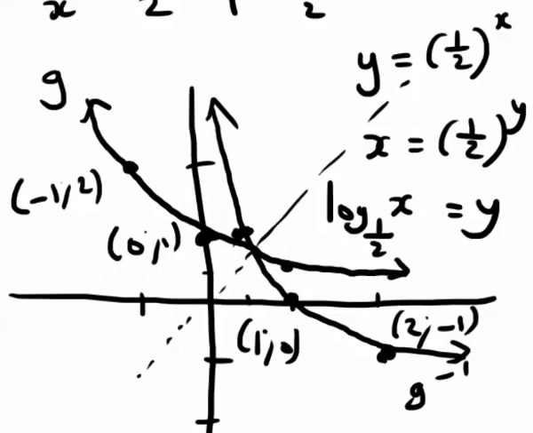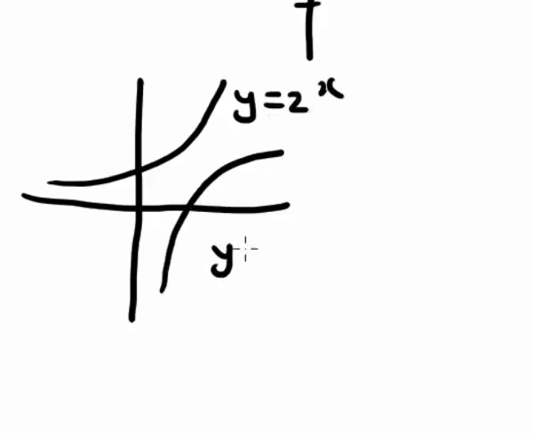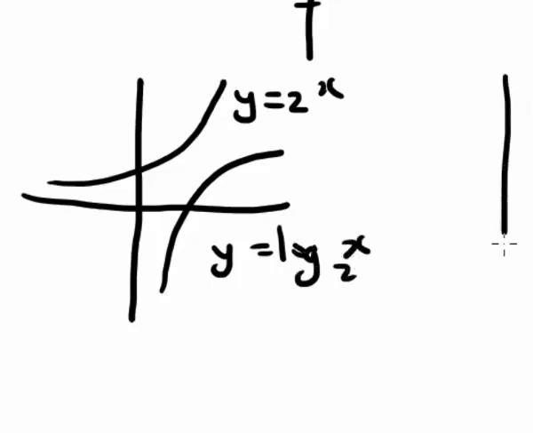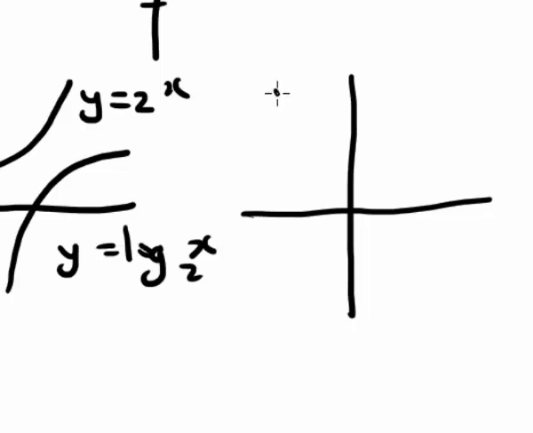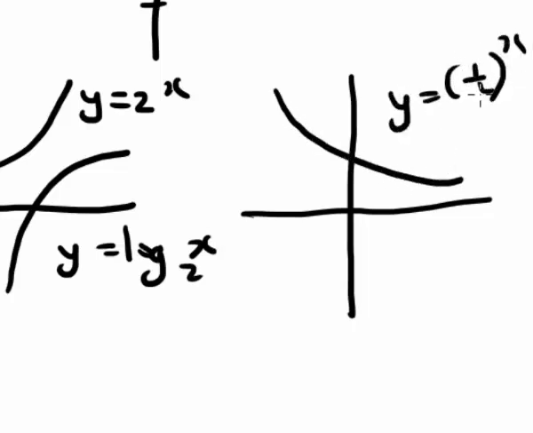What's quite interesting with these, if you think about it, is that if you've got an exponential graph like this, y equals 2 to the x, its inverse would be this graph, which is y equals log x to base 2. And if the graph is going down, they call this a decreasing graph, y equals a half to the x.